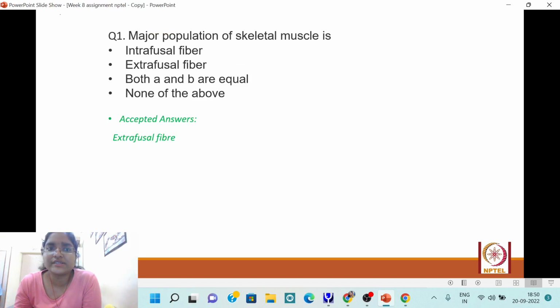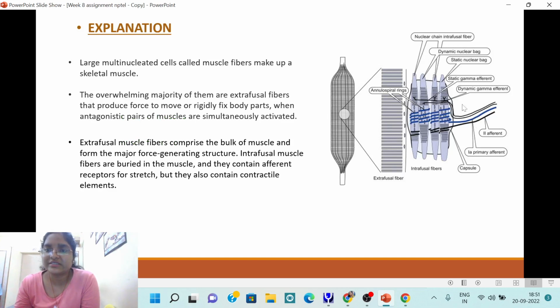First question was about the skeletal muscle. What is the major population of skeletal muscle? And the answer was extrafusial fibers. You can see the structure here. They are the major force generating structure in our skeletal muscles and are present in majority, whereas intrafusial fibers are also present, but they are buried inside the muscles, and they have afferent receptors for stretching, for contraction of our skeletal muscles, right?